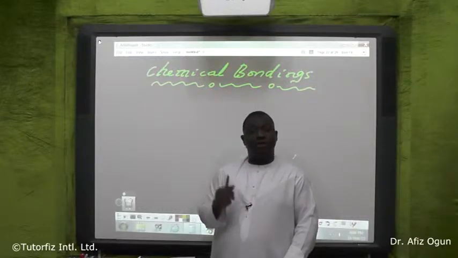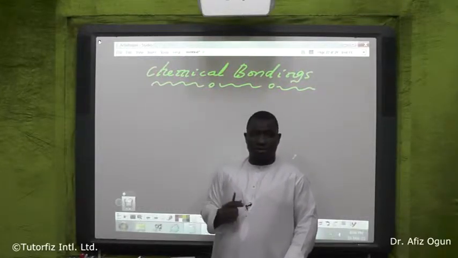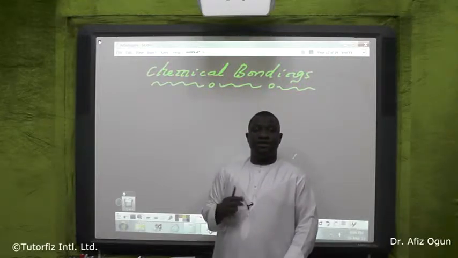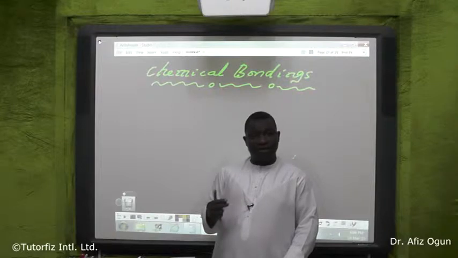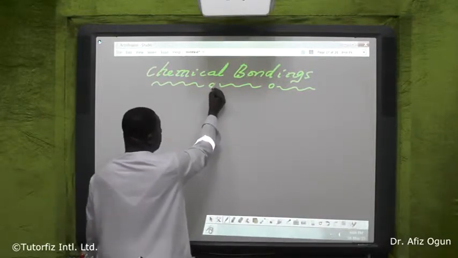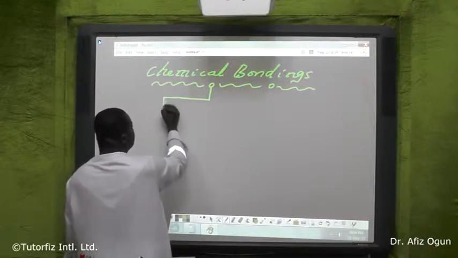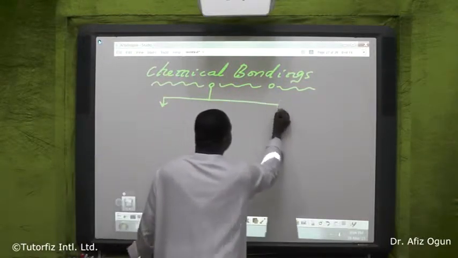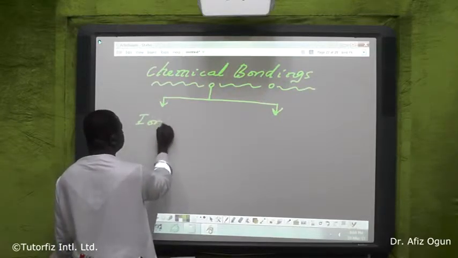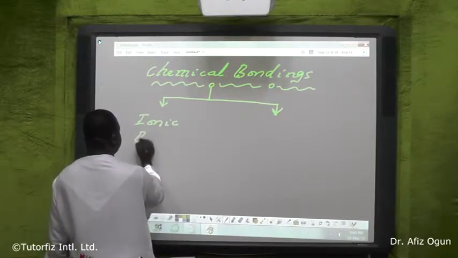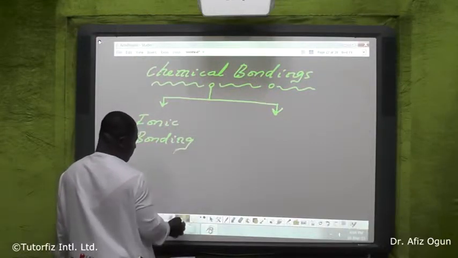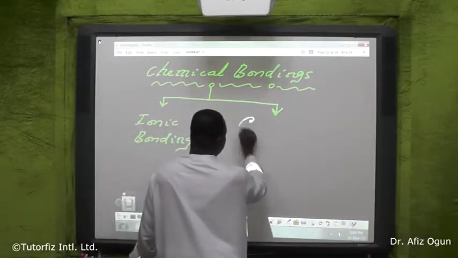So these 2 bondings take them to where they are going. That is why we are going to discuss these bondings: ionic bonding and covalent bonding. There are more bondings, but these are the ones which take them to where they are going.